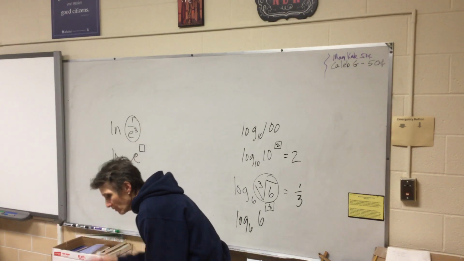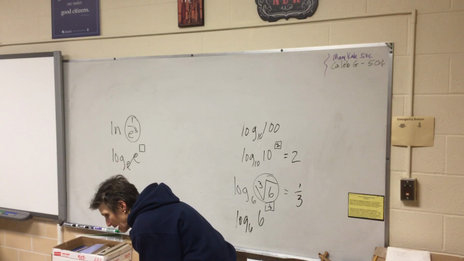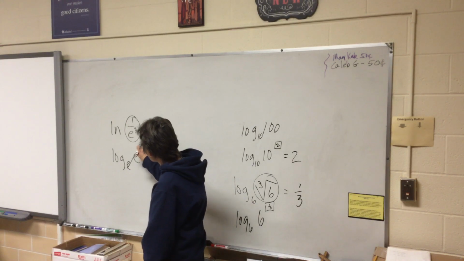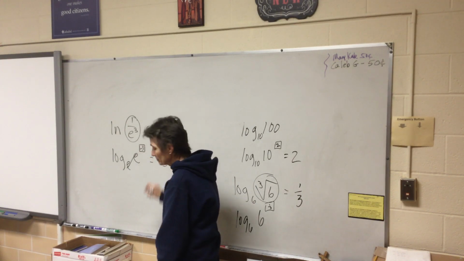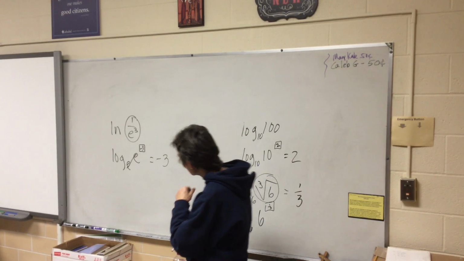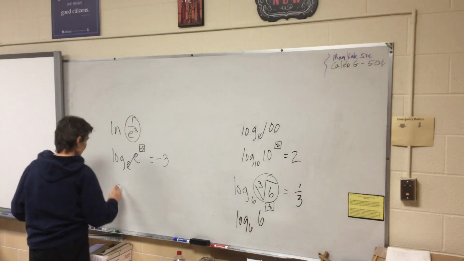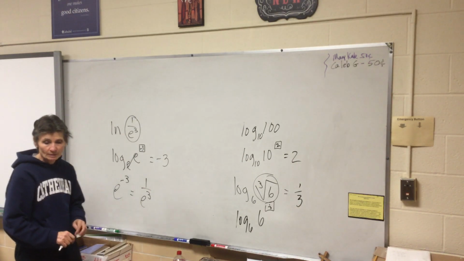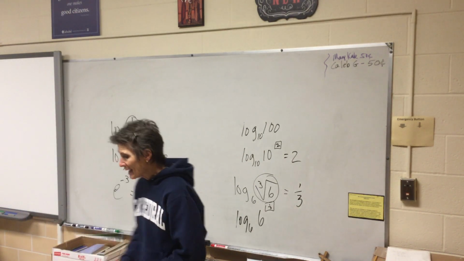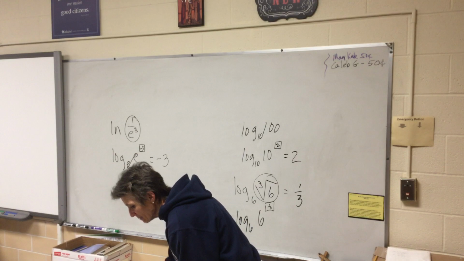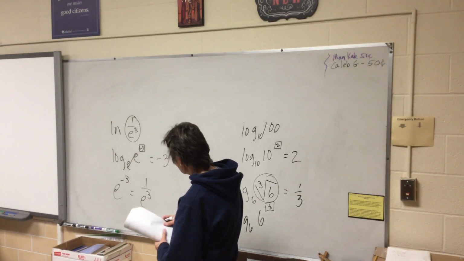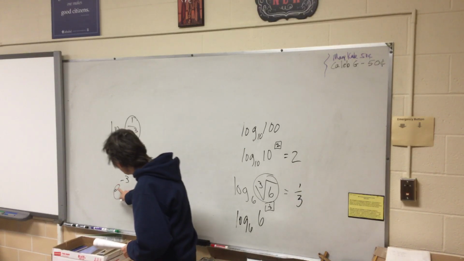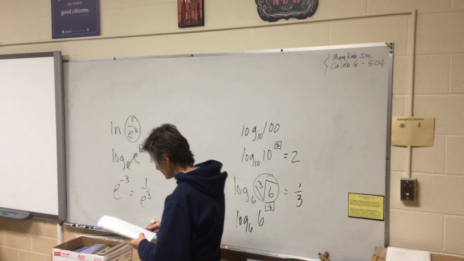Now, it's 1 over, that means it's negative. -3. If you take e to the -3rd, that means 1/e cubed. Your life in logarithm land is going to be so much easier if you remember all the exponent rules. Negatives flip you over. e to the -1 becomes 1/e.